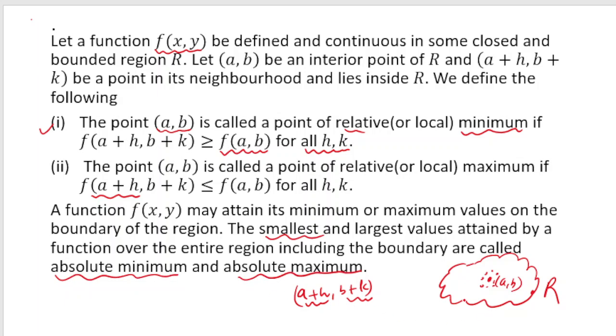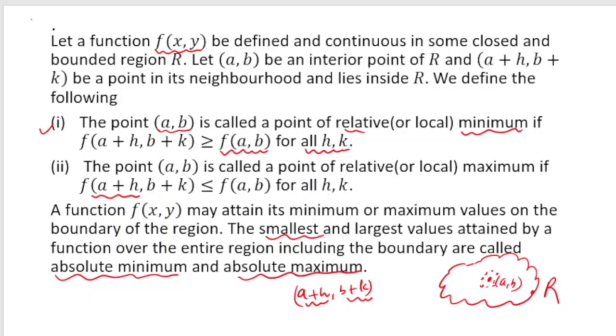So there are two concepts. One is a relative minimum, a relative maximum. By relative minimum I mean that you are taking any point and the function value at that point is minimum in its neighborhood, meaning if you move around this point the function value will increase. Then that point is a point of relative minimum.